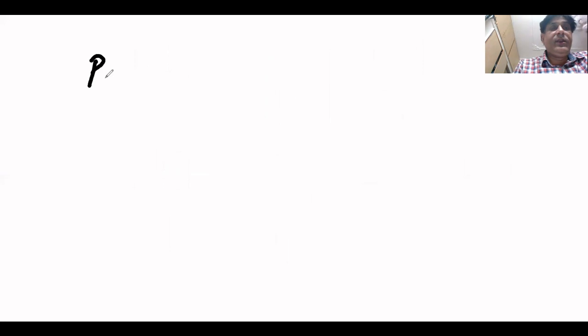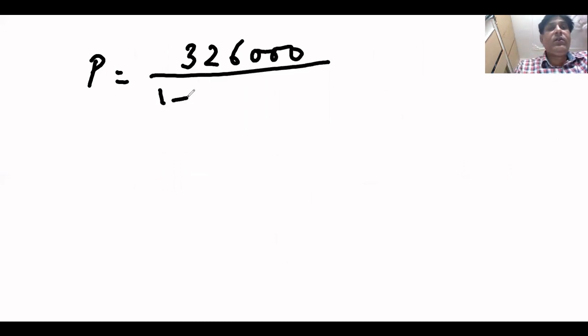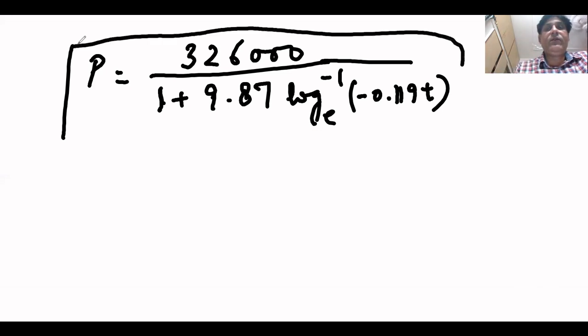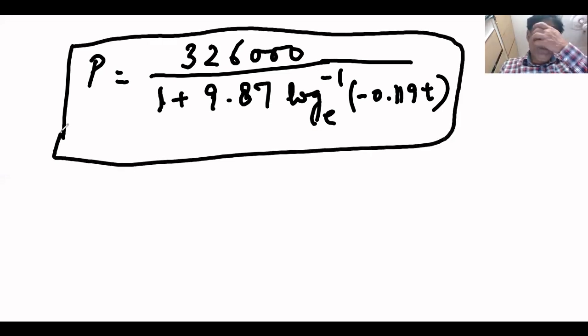It is P is equal to PS, which is given as 3,26,000, divided by 1 plus, putting in the values of M and N, we get, e to the power of minus 0.119 T. This is the equation of the logistic curve, right? Now, you found out the equation of the logistic curve.